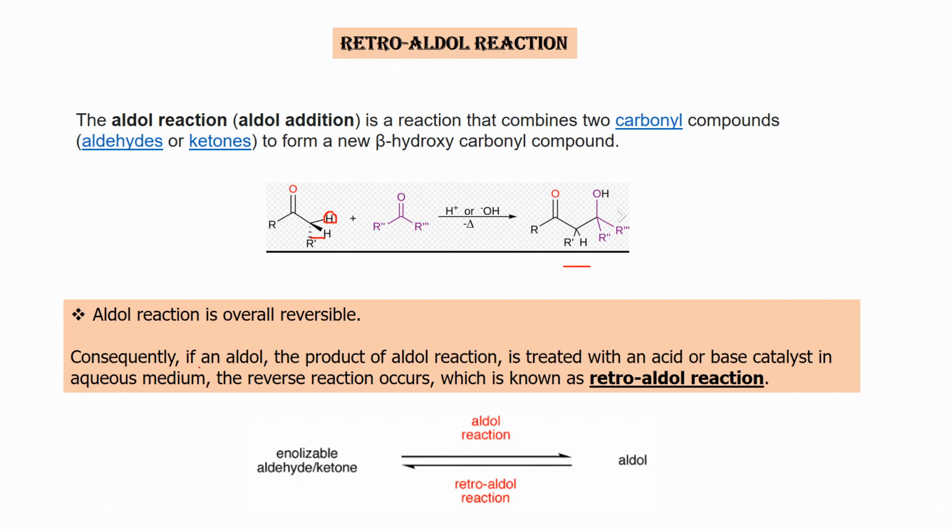Consequently, if an aldol, the product of the aldol reaction, is treated with an acid or base catalyst in the aqueous medium, the reverse reaction occurs, which is known as the retroaldol reaction. So if you take the product of the aldol reaction and apply the same conditions, acidic or basic, then you will get your initial starting material.